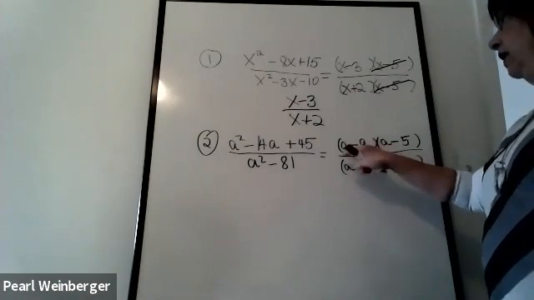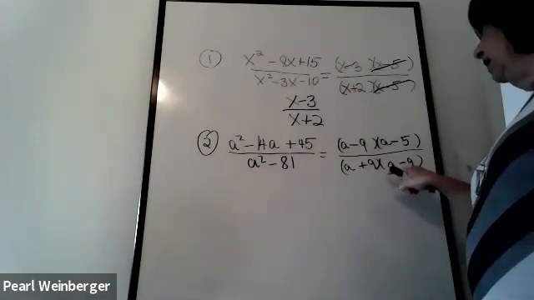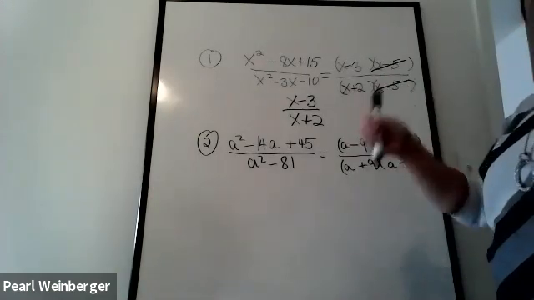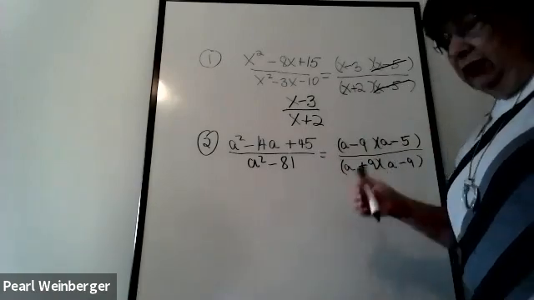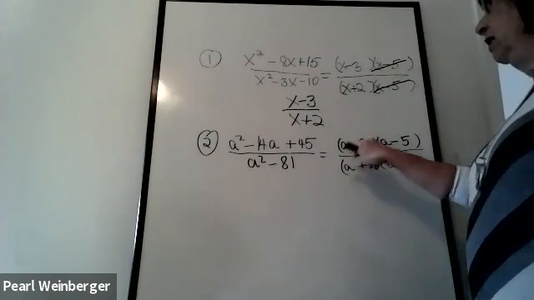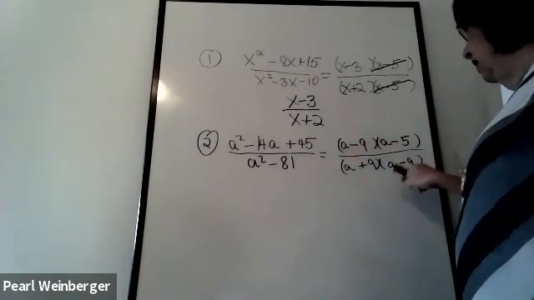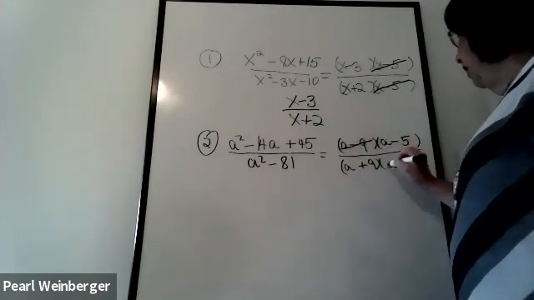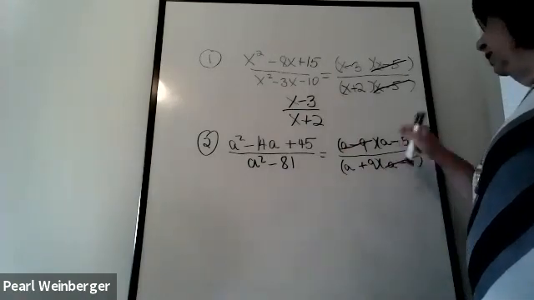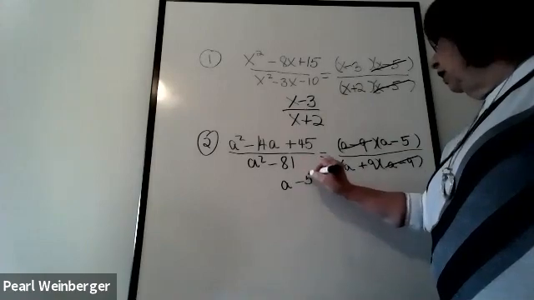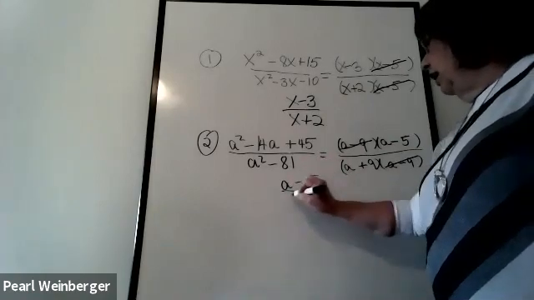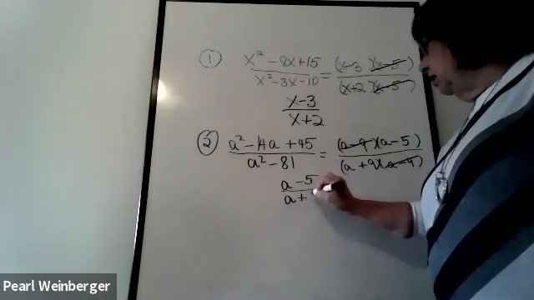In other words, if there was a 9 minus a instead of an a minus 9, we could use it. Remember, in that case, you'd have to put a -1 in place of 1. But these are both a minus 9, so I can cancel them out. The a minus 5, there's nothing to cancel with. So my final answer becomes a minus 5 over a plus 9.